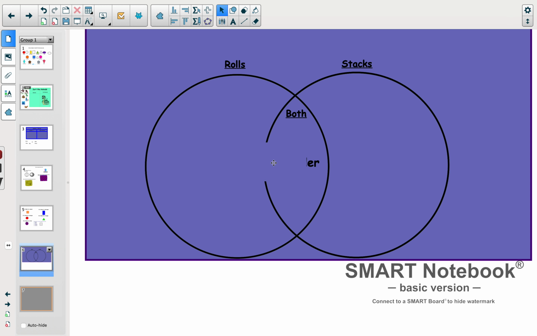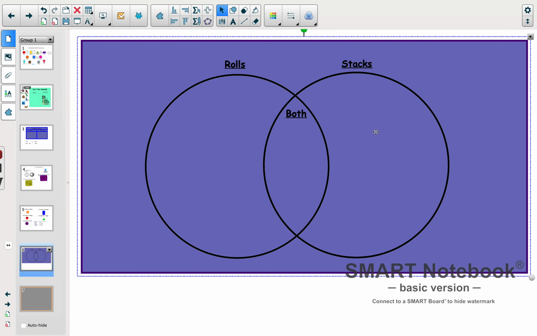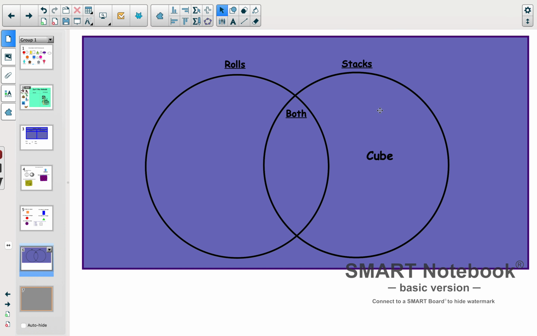Same with these ones over here, they can only go one direction, not the other. And then there's a cube. So they'd be able to reveal what shapes fit into each of these categories by moving the colors in each direction.